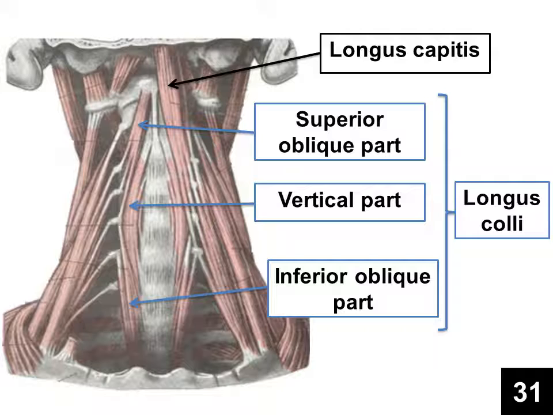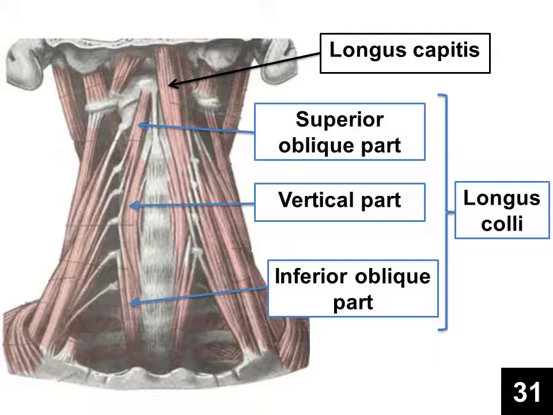Now the nerve supply for the longus colli muscle: it is supplied by the C2 to C6 ventral rami of spinal nerve. What is the action? Flex the neck anteriorly and also flex it laterally and rotate it to the opposite side.